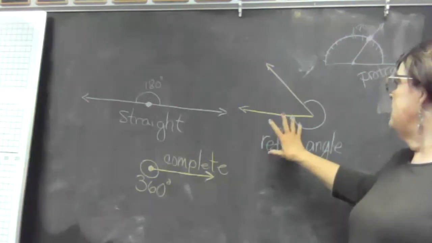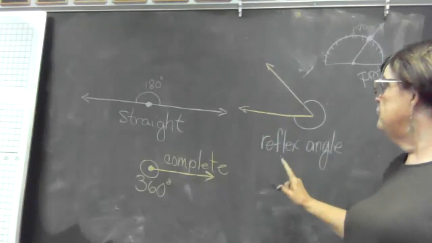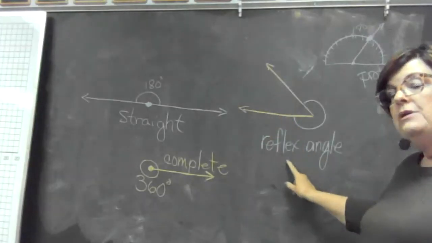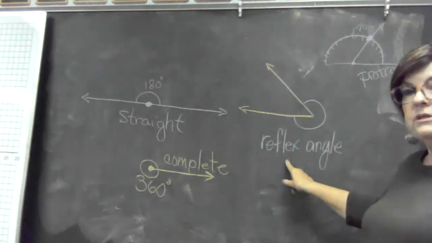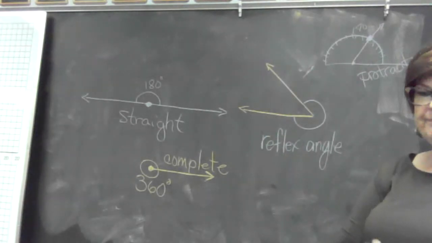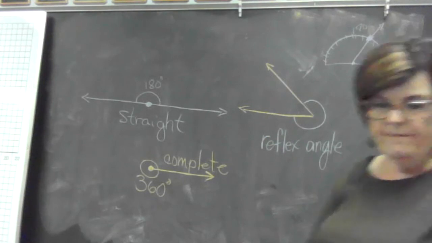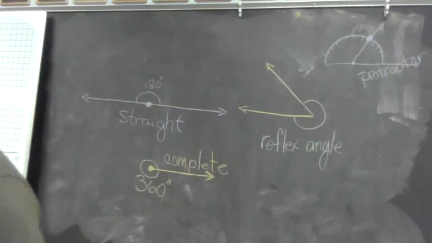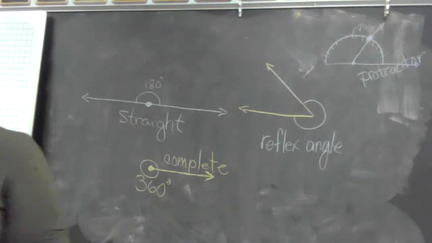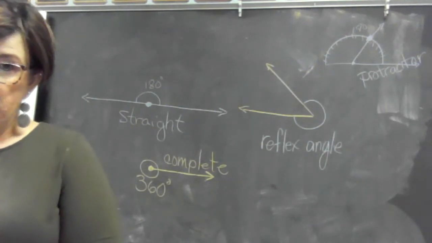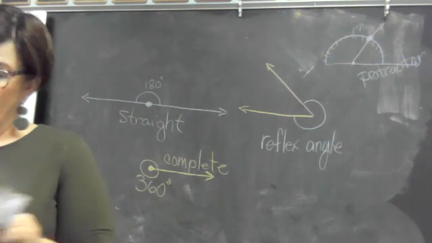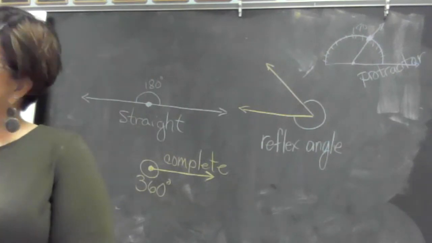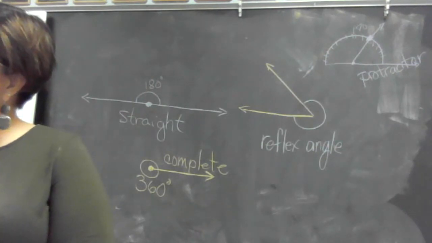Okay, a reflex angle is greater than 180 degrees, but less than 360. Reflex angle. The main ones you're going to be working with are right angles, acute angles, and obtuse angles. And I think, are you happy to know that this might be it for today?